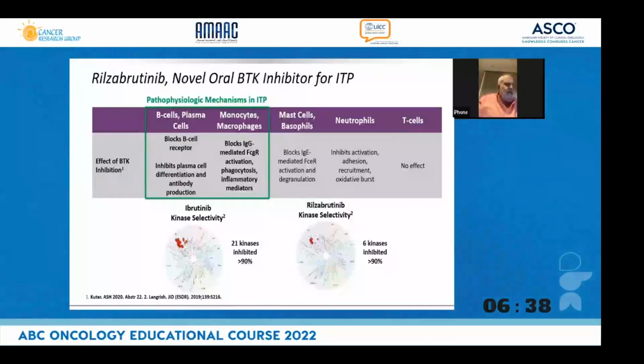It's a more selective kinase inhibitor, where only 6 kinases are inhibited with this drug, compared to ibrutinib, which is blocking 21 kinases in more than 90% of the cases. And of course, this results in less selectivity and more side effects in this setting. Next slide, please.